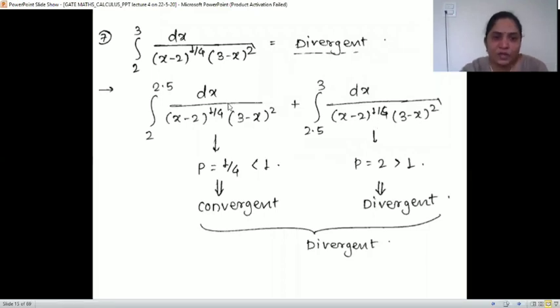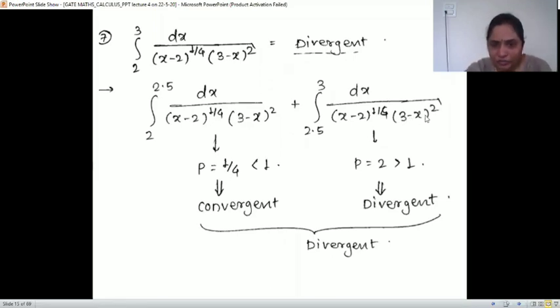So here, we'll take f of x as 1 upon 3 minus x whole square, and g as 1 upon x minus 2 raised to 1 by 4. And the power is 1 by 4. 1 by 4 is less than 1, right? And if it is less than 1, it is convergent. Correct. So for this also, we'll check.